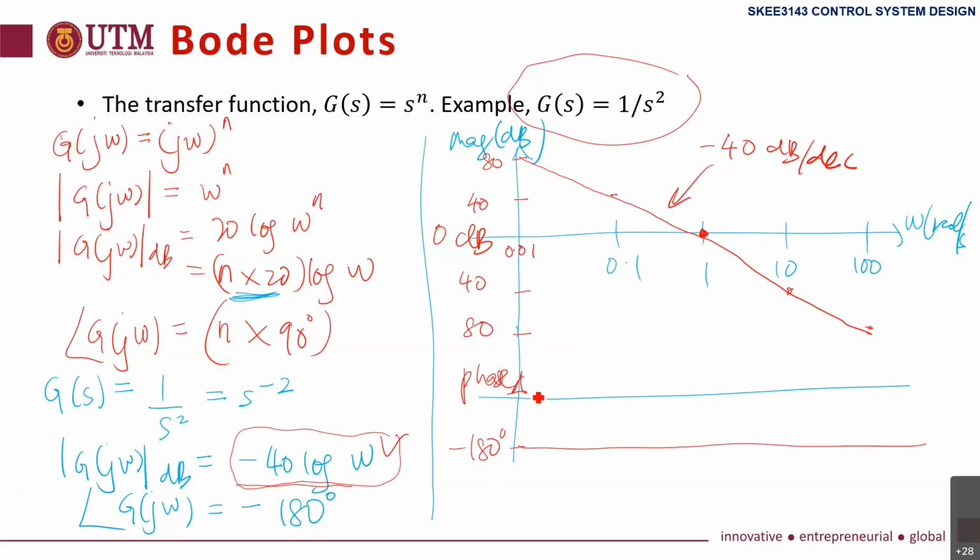Okay, fixed. Constant, minus 180 degrees, a fixed value. That is an example of 1 over S squared. We have to know this in order to draw or sketch or to use straight line approximation.